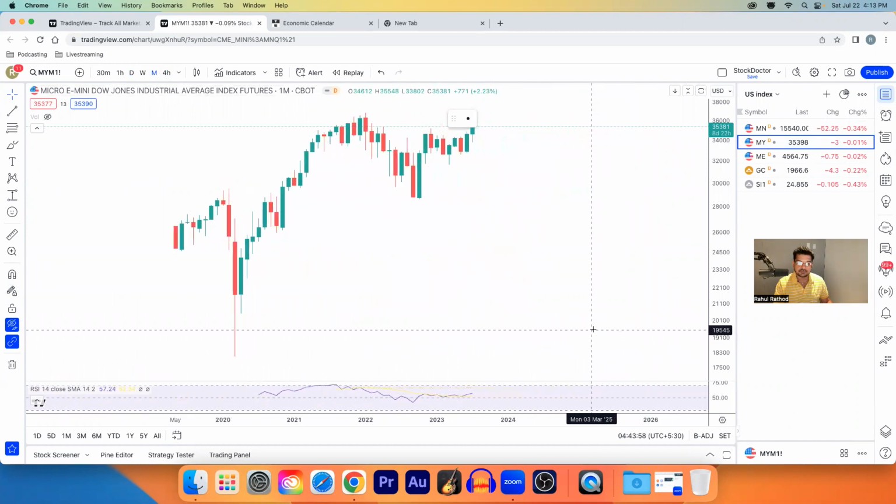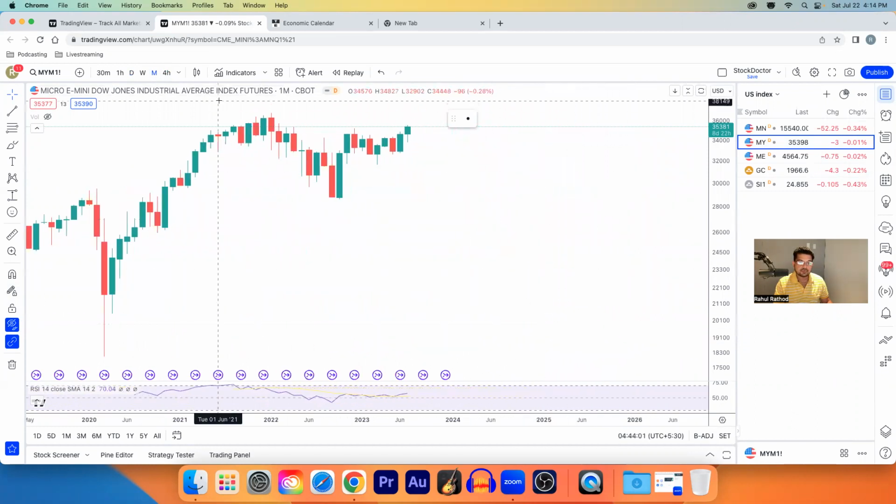Over the last 8 months, the Dow Jones was trading in this zone, and this month it broke that zone and it's trying to move up again. So the Dow Jones chart is quite different from Nasdaq and S&P 500.